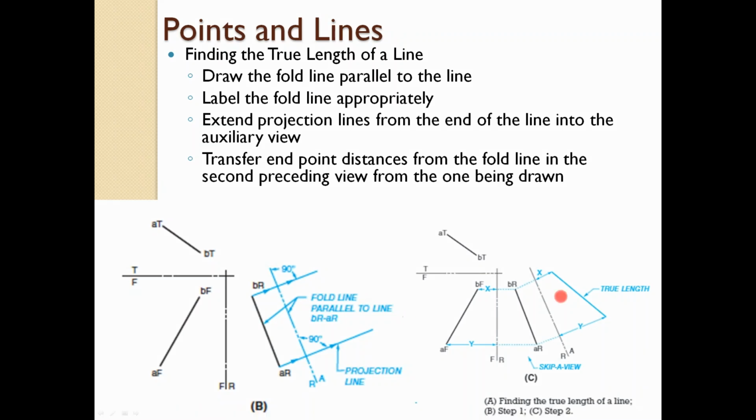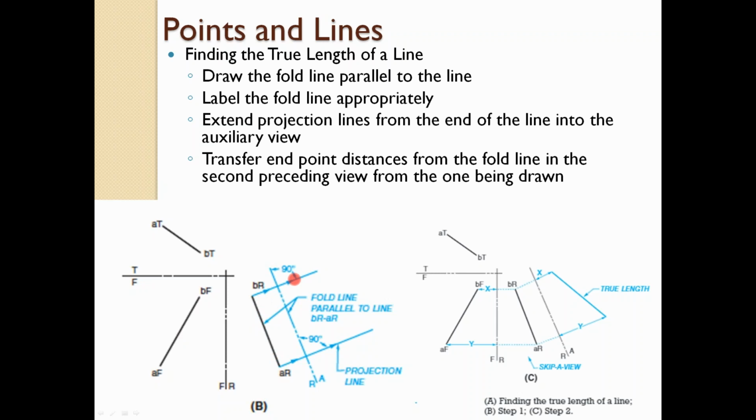If you look at this example here, you first have points A, B in the top view, and then you have the same points A, B in the front view, and then you have points A, B in the right side view.